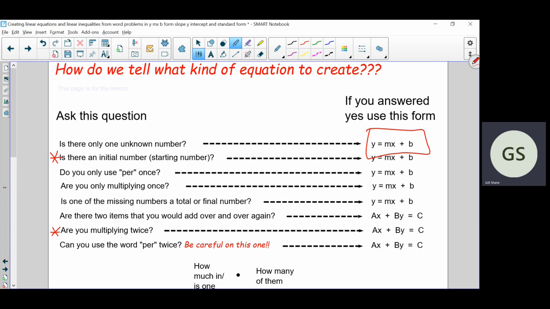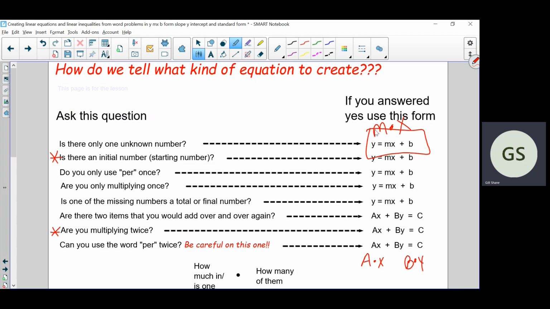There's two types of equations, right? One, we're multiplying once, m times the x, that's multiplication, but only once. Here we're multiplying twice, some number times x, some number times y. So if you can clearly say, yeah, I'm going to need to multiply twice in that word problem, then it's got to be the version where we're multiplying twice in the equation itself.